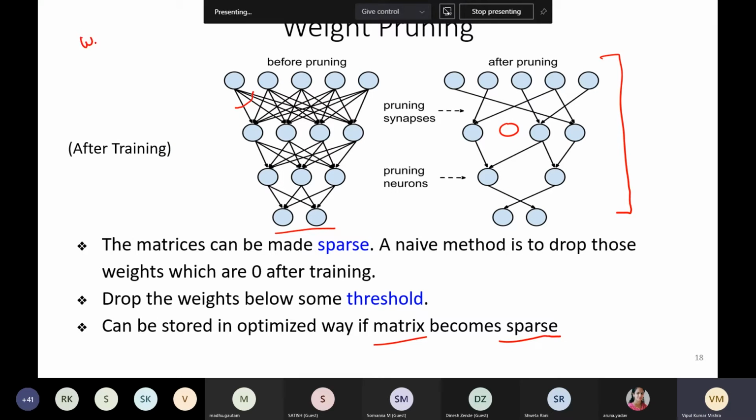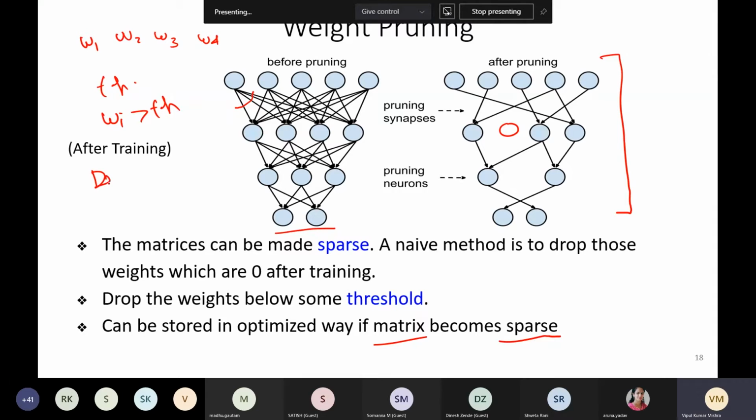Suppose you have values W1, W2, W3, W4, and you decide a threshold value, TH. Whichever weight Wi is greater than the threshold remains in the network, and whichever is less is deleted to make it sparse.